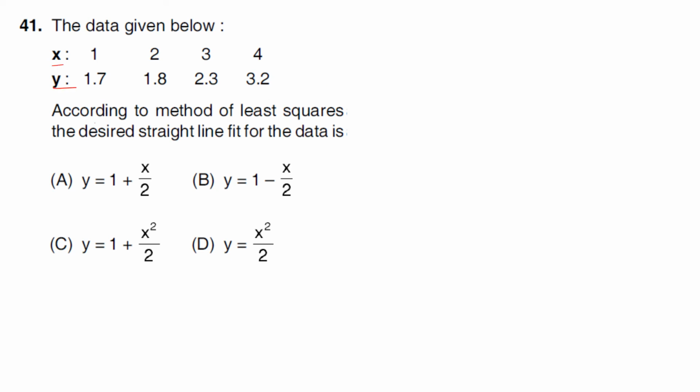The data given below, x and y values are given. According to the method of least squares, the desired straight line fit for the data is? For the least square fit method, we have to find summation x, summation y, summation xy and summation x square.